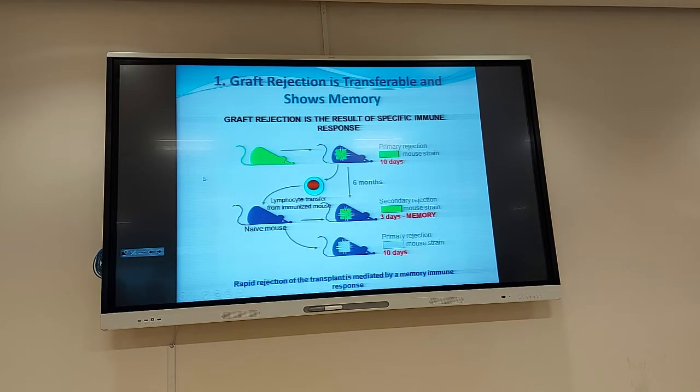And from another stream, there were pure immunologists, not clinicians, who were looking at ways of transplanting bits of tissue from one mouse to another.